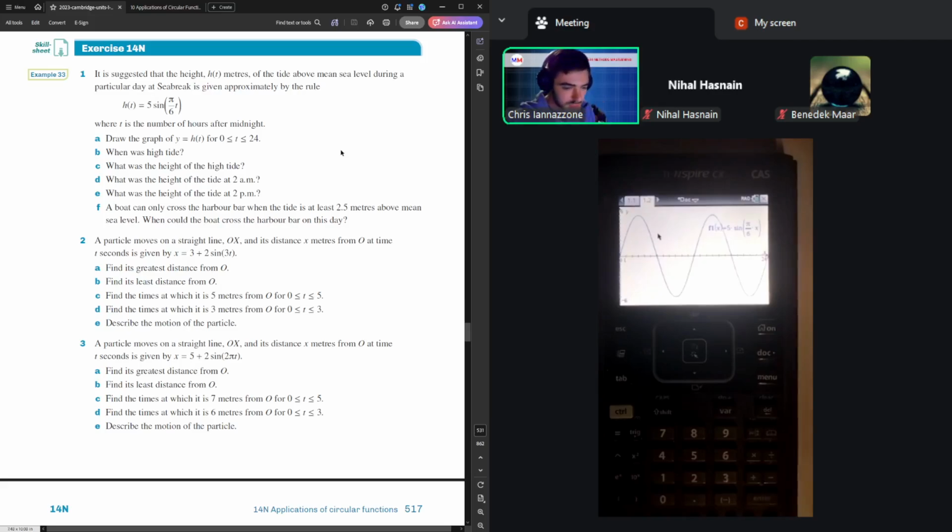Alright, there's our graph. How might we figure out when there was a high tide? Or I guess when were the high tides, plural rather than singular.